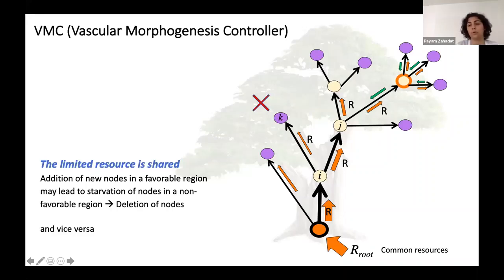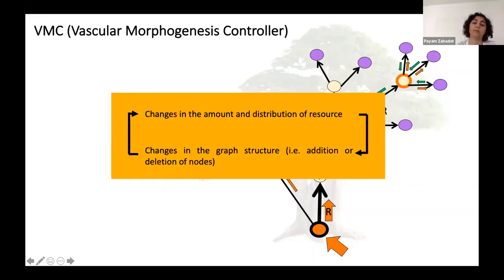It is valid also the other way around. So we can remove something, and that could end up with a growth in a better position. Basically, we have a feedback loop. So changes in the amount and distribution of resource may lead to changes in the graph structure, addition or deletion, and the other way around.